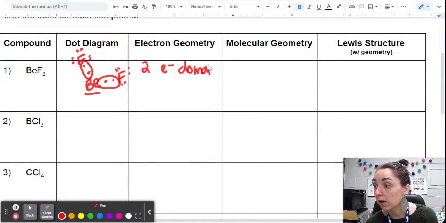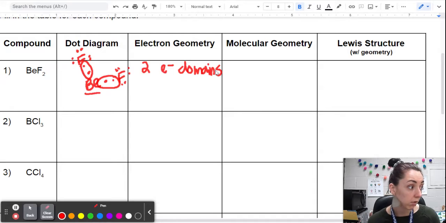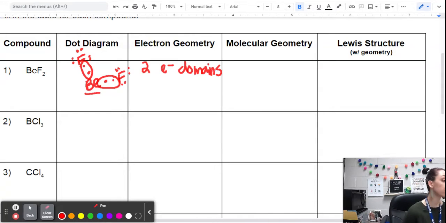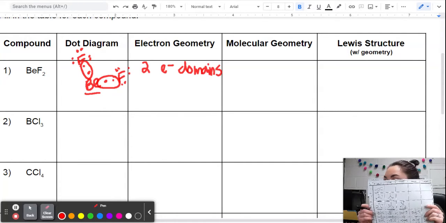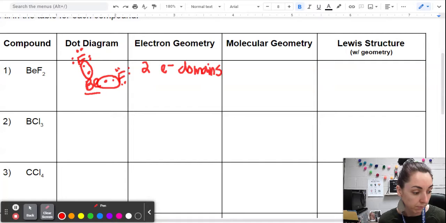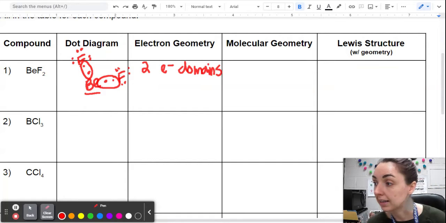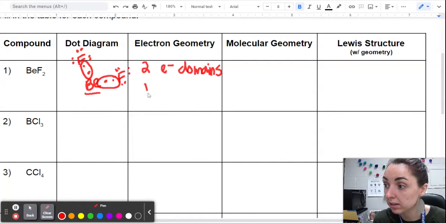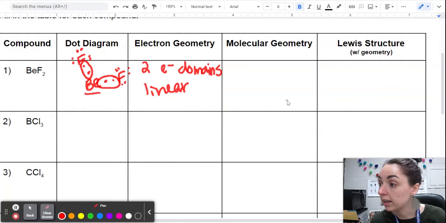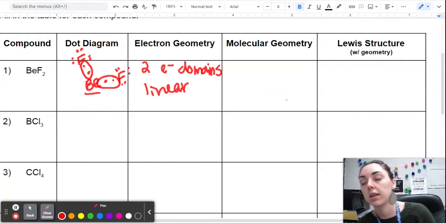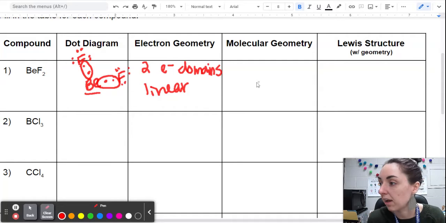If we remember from our electron domains, or you can use your chart, I would recommend using your chart. Mine is white here, yours is blue. So your chart with your electron geometries. That would be a linear geometry. And since there's no lone pairs, the molecule geometry and the electron geometry will be the same.